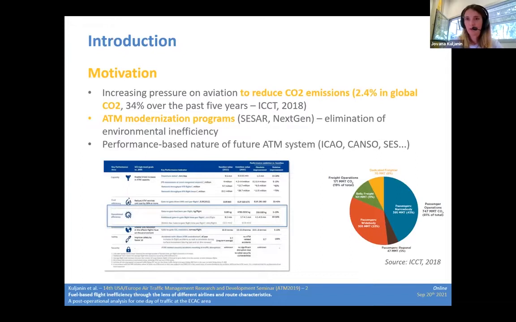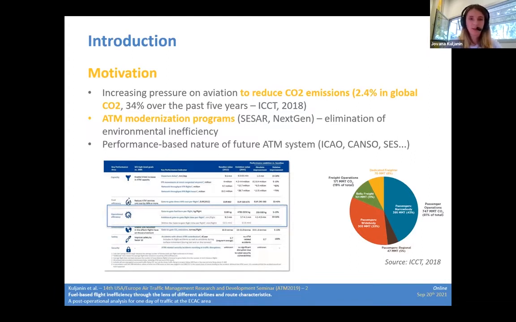As all of you are aware, the greenhouse gas emissions from commercial aviation are rapidly increasing. For example, according to the last report of the International Council on Clean Transportation, aviation contributes around 2.4% of global CO2, indicating an increase of 34% over the last 5 years.